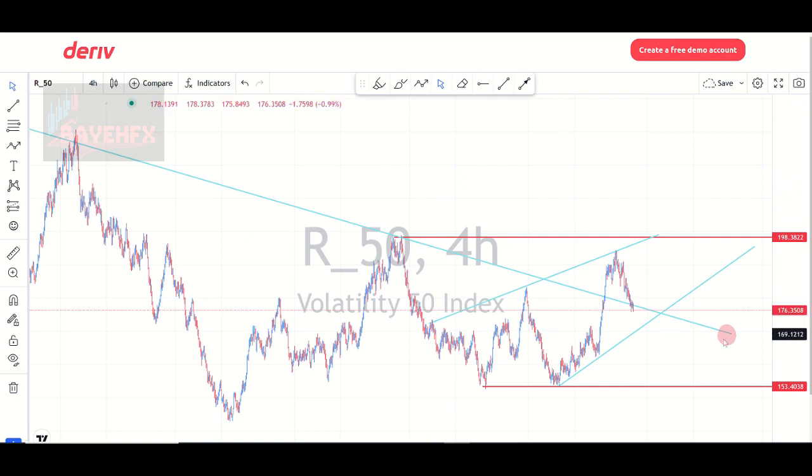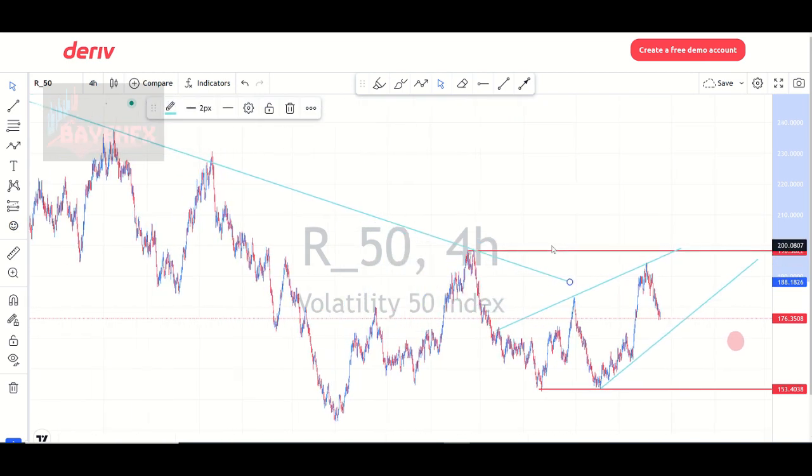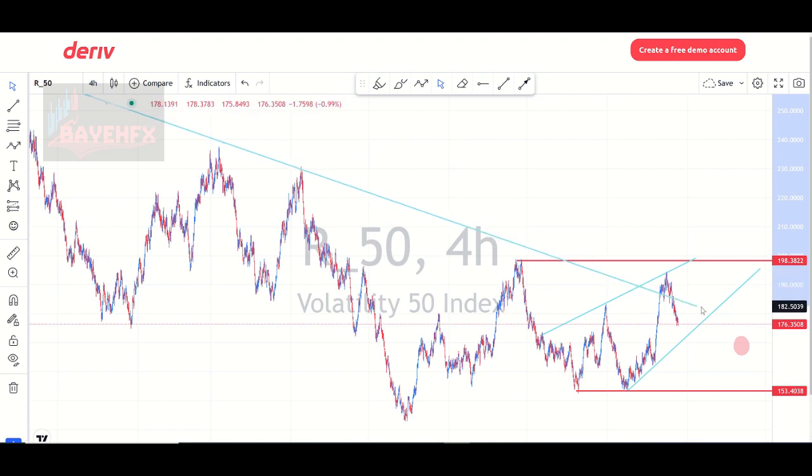So this is the exact zone where we broke out of here, right? This is where that trend ended. We just had a little break there, and you see, the market failed to continue up and went down.